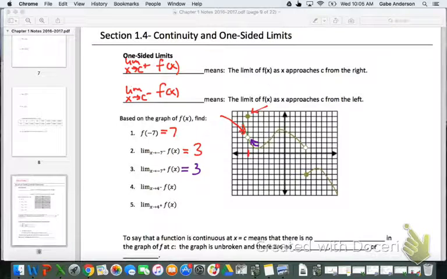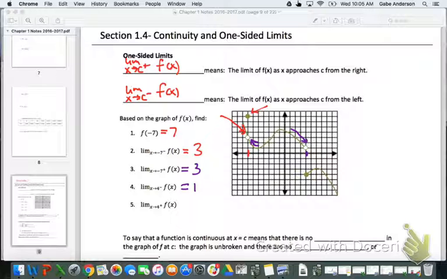Let's switch over to the other side of the graph for numbers 4 and 5. Numbers 4 and 5 say the limit as x approaches 4 from the left. So 4 is right here, the x value of 4. As I approach 4 from the left, let's think about what y value I'm getting closer and closer to. I'm getting closer and closer to a y value of 1.